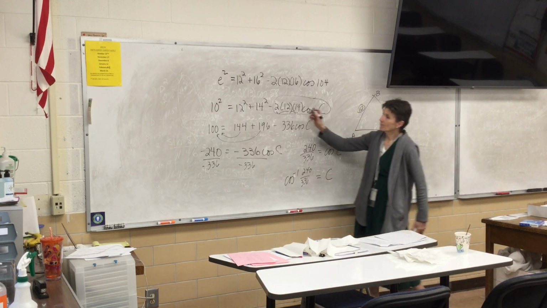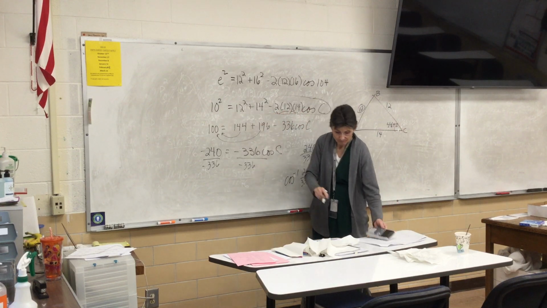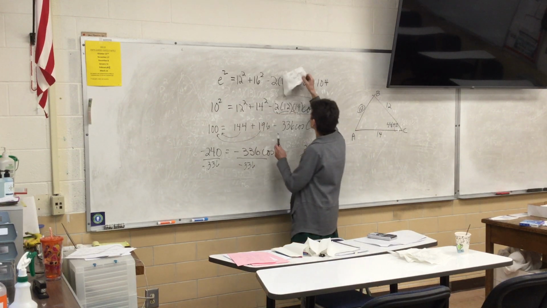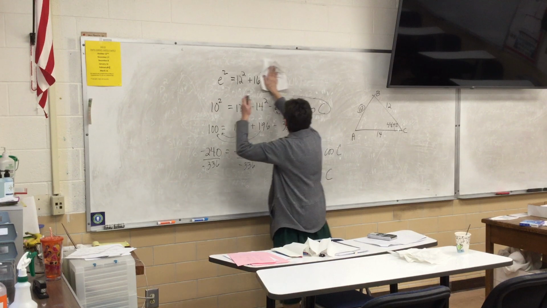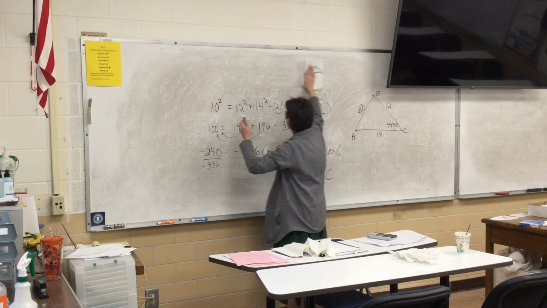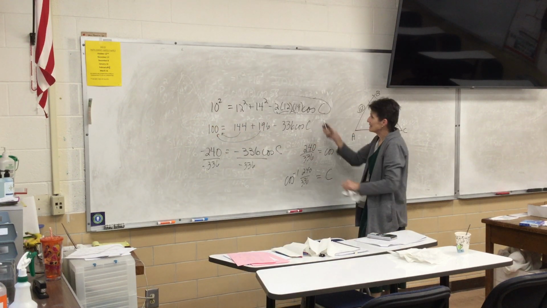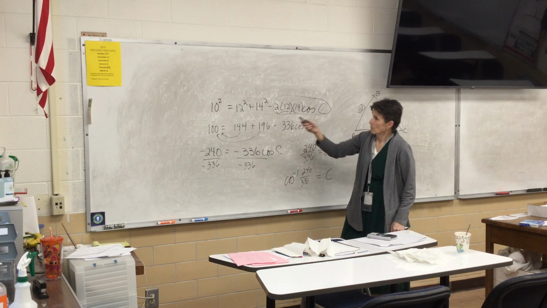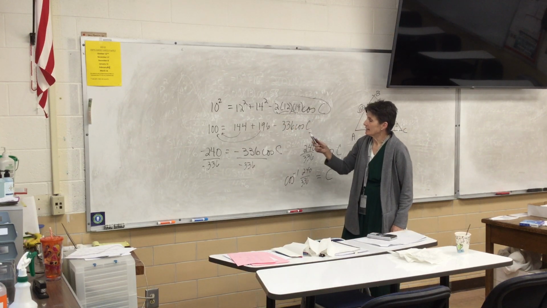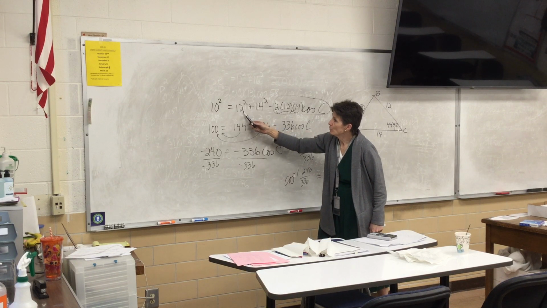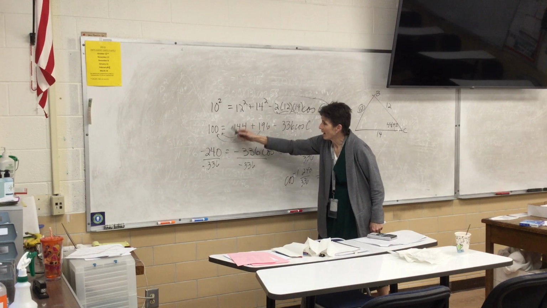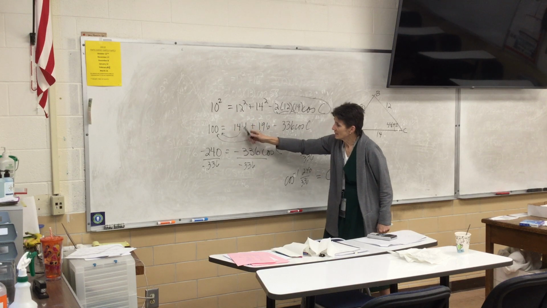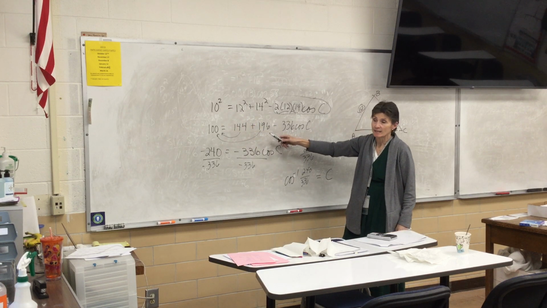So in the law of cosines, when I set it up, here was my variable, cosine C. So I squared this stuff out, multiplied it, and then I moved these two to the other side. So I had 100 minus 144 minus 196.